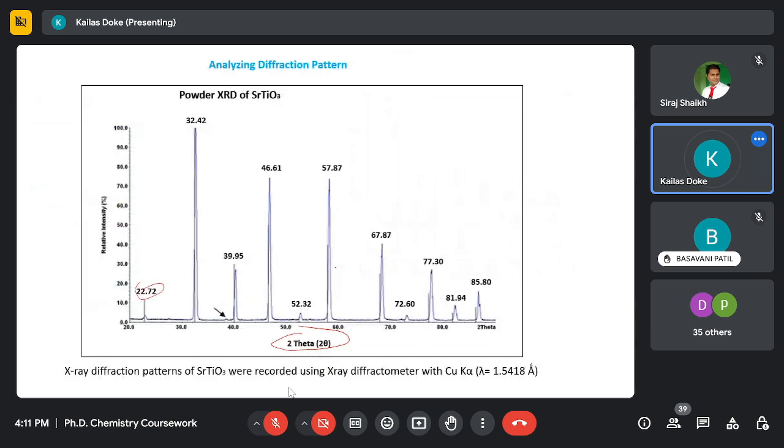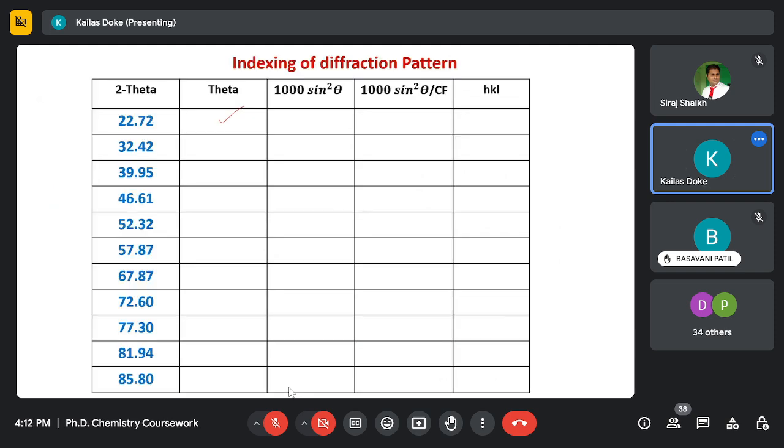So for indexing of this diffraction pattern, we convert that indexing into one table. From 2 theta values, we can find out the theta. From theta values, we can find out sine theta, and make a square of that sine theta.